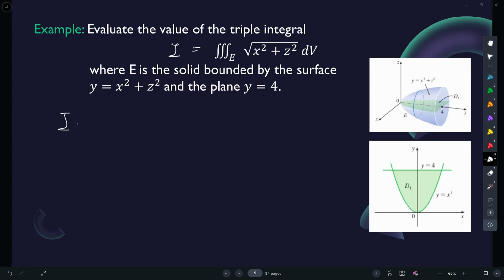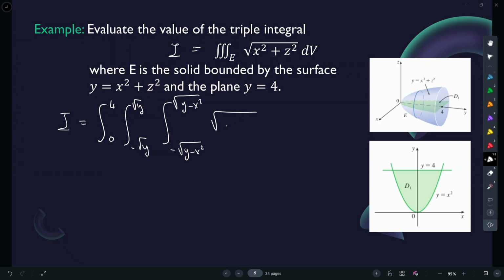I could compute it as y goes from 0 to 4, x goes from minus the square root of y to the square root of y, and z is going from minus the square root of y minus x squared to the square root of y minus x squared. And then I have to integrate this function, dz dx dy.